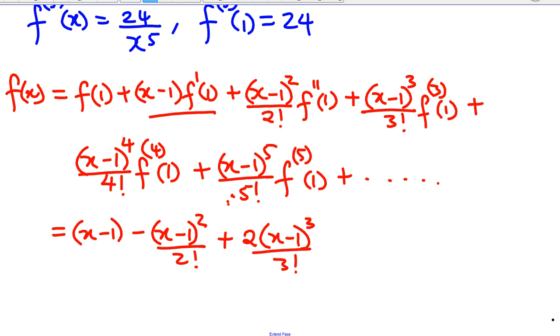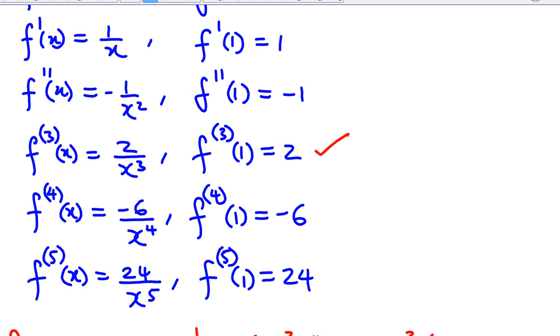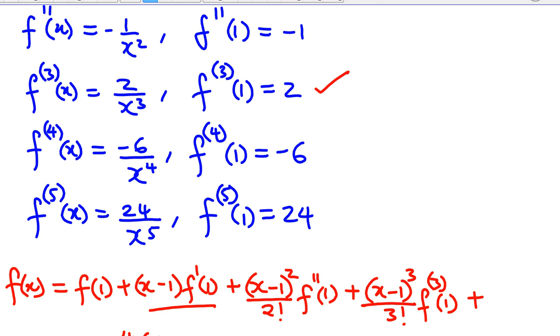Okay, and let's carry on. Minus 3 factorial times x minus 1 to power 4 over 4 factorial. And remember, this is the same as negative 3 factorial, and this is 4 factorial.